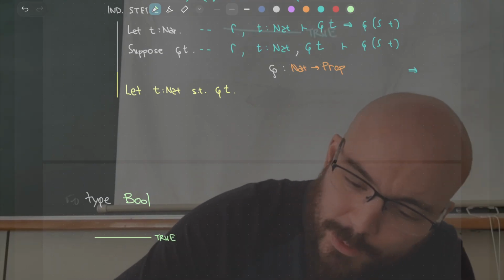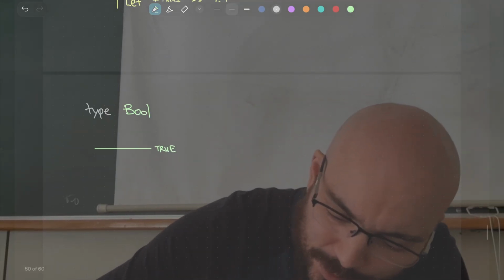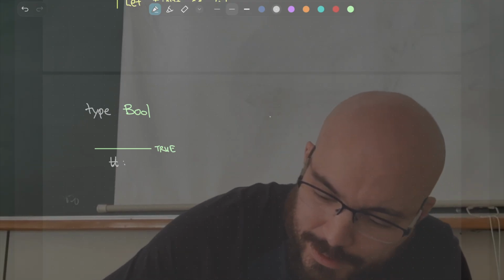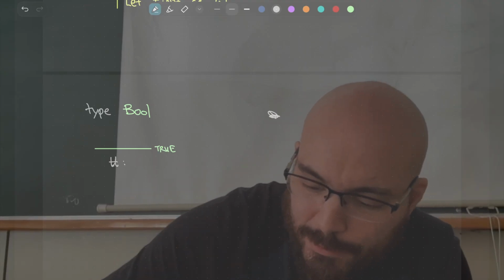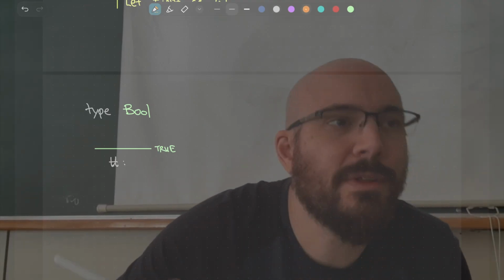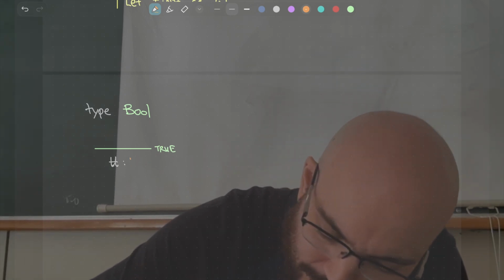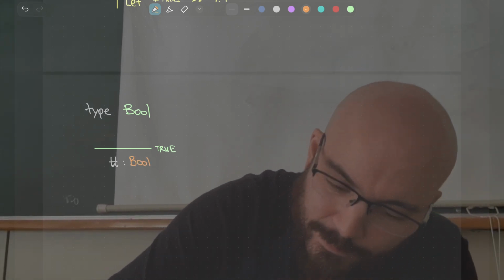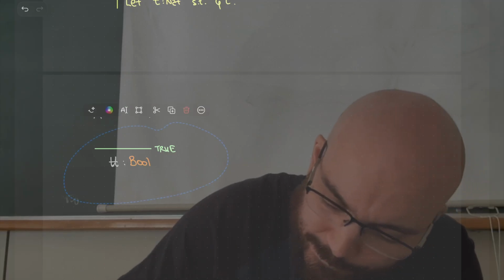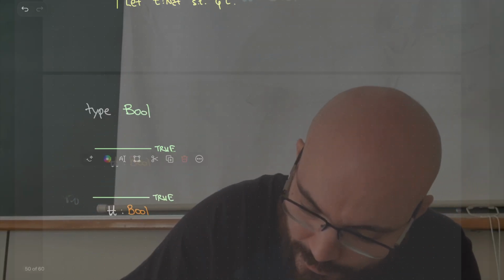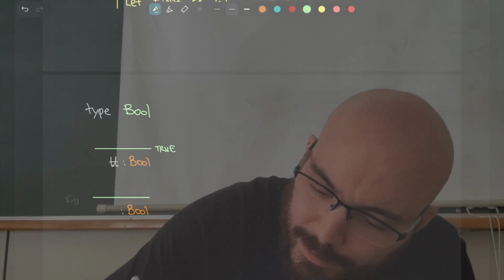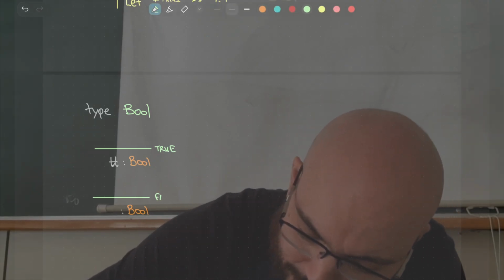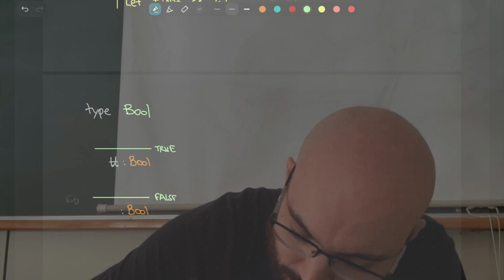We have to pick a name for our booleans, and I will use a double T, because a lot of times I will write something like that, and I don't want to confuse it with the boolean value that I'm constructing here, and the type of this, which is bool, of course, and I need one more constructor, right? Exactly. Okay, I hope I'm not doing weird stuff. But finally, I'm enriching my types. I now have the booleans.